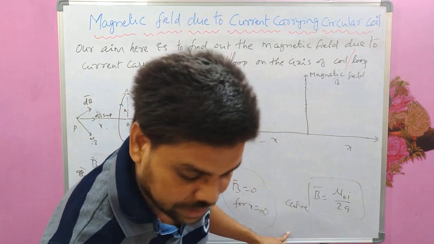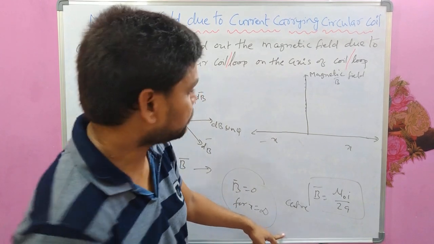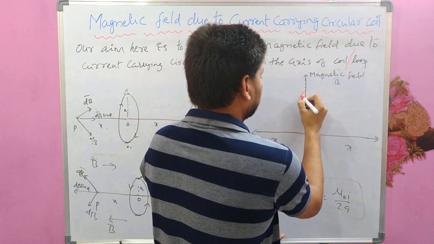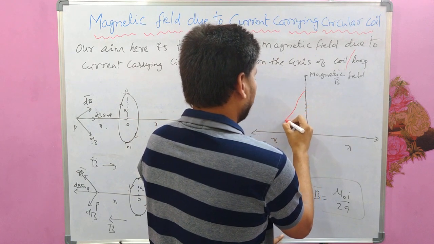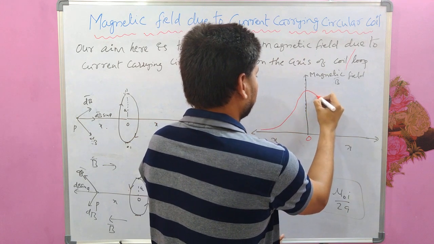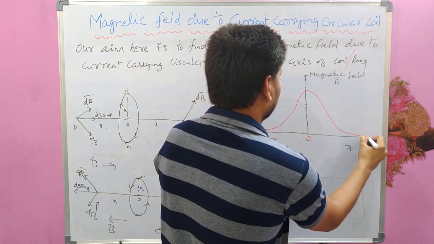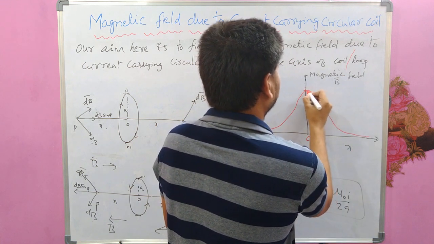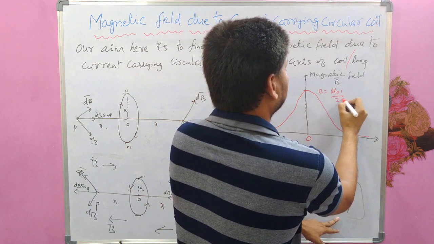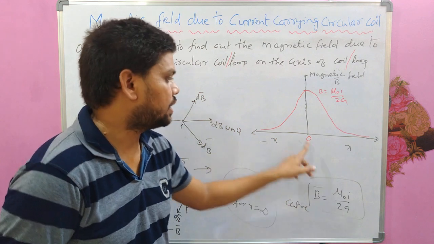Now using this, what we can draw is, at the center the magnetic field will go like this, maximum, and as you go away from the center towards infinity, it goes to 0. So this value is B equal to mu naught I by 2A at the center.